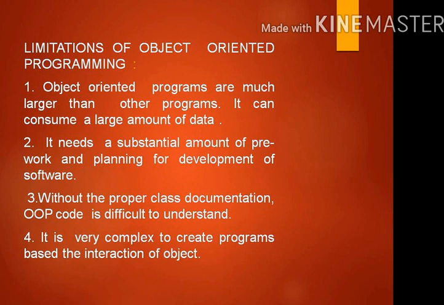Number 2, it needs a substantial amount of pre-work and planning for development of software. Number 3, without the proper class documentation, OOP code is difficult to understand. Number 4, it is very complex to create programs based on the interaction of objects.